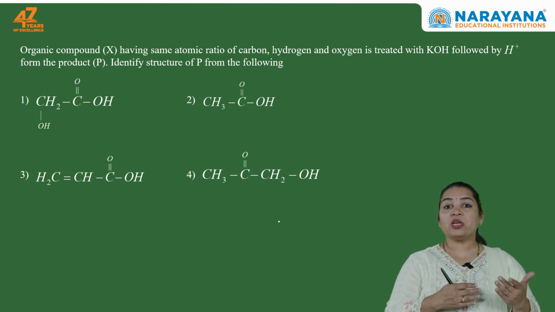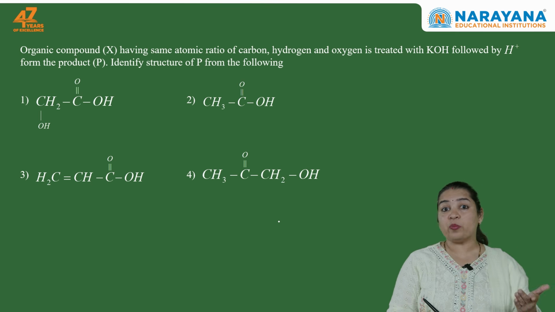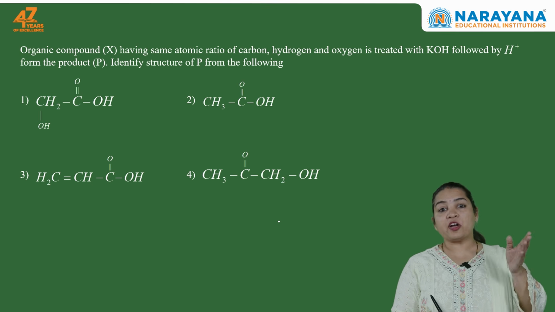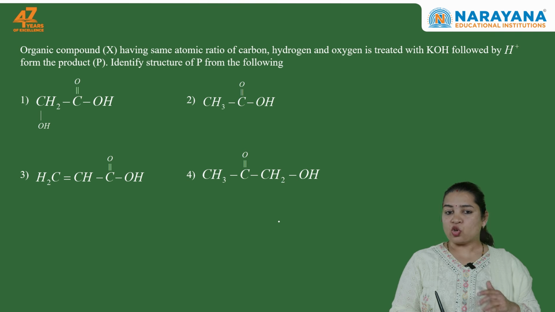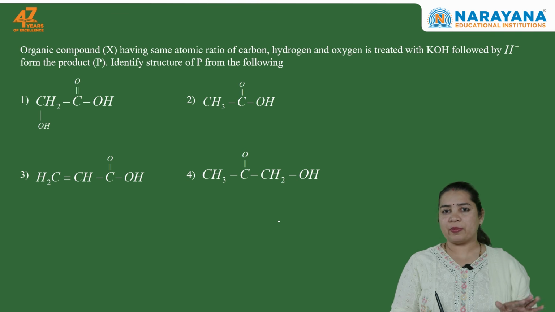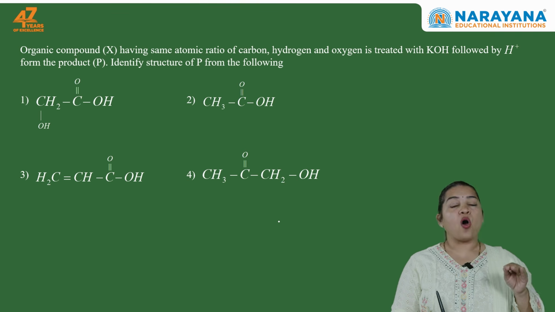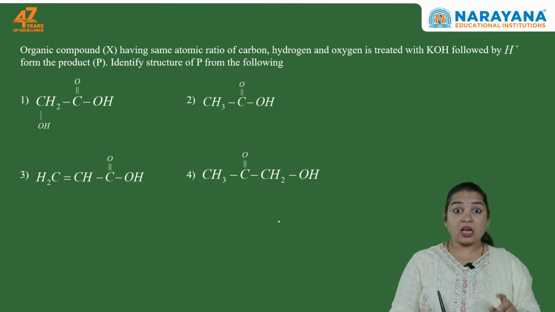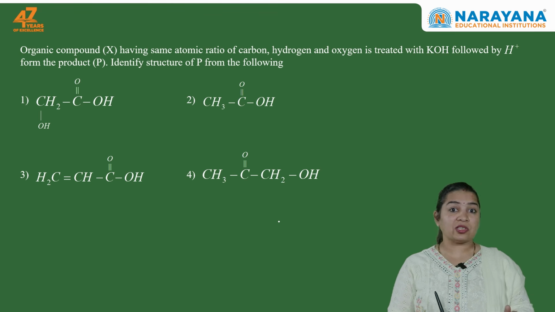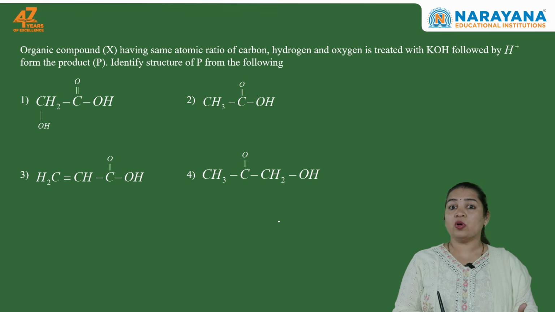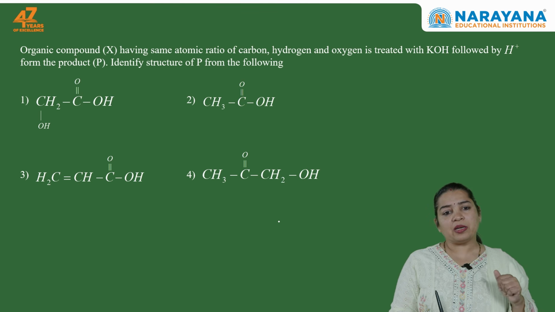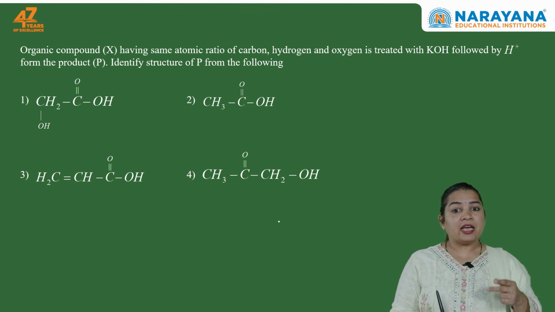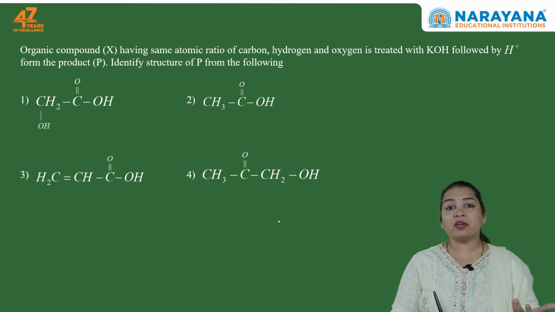So, if it was only organic compound X, assuming it was aldol, then the product should have an even number of carbon atoms. So third and fourth could not be in my choice as they have an odd number of carbon atoms. Assuming it to be aldol, because KOH is there, that is the first thought that will come into our mind. Second thing is aldol is not possible. If I go to first and second, then it has 2 carbons. If it was aldol, a 1 carbon compound does not give any aldol.